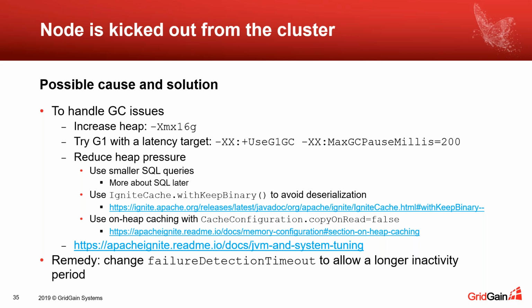It might sound like a paradox, but a lot of the time I see that specifying a softer, even larger max GC pause millis helps. For example, if you have 200 here, G1 will try very hard to fit into 200, but if it can't, it will fail, and fail miserably.